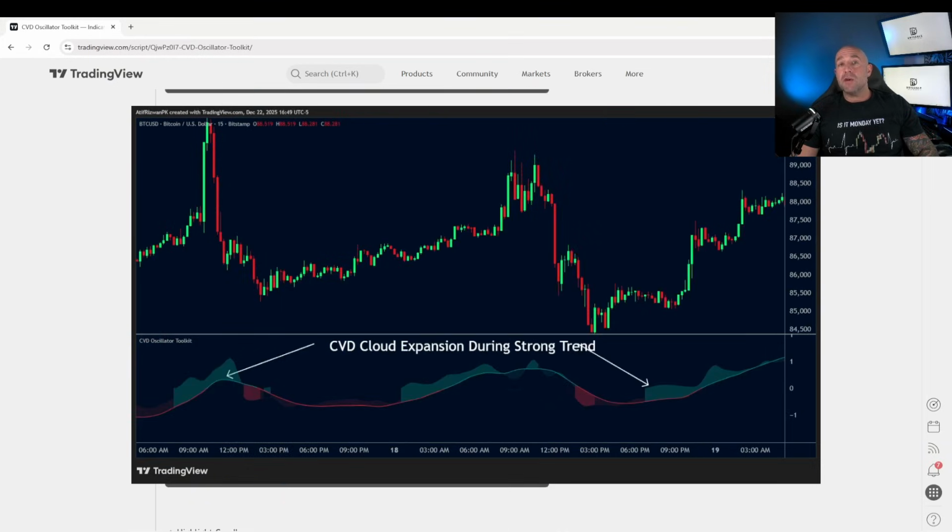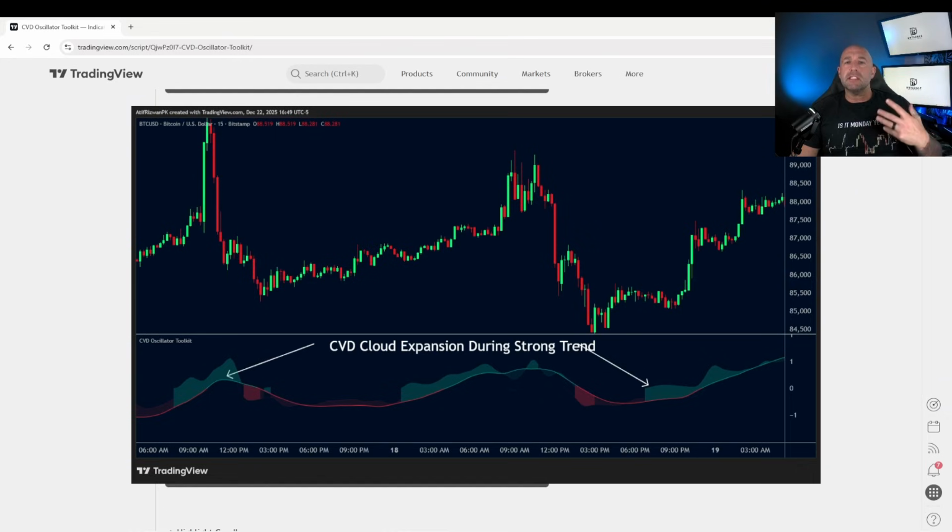The CVD clouds add a soft envelope above and below the oscillator to provide visual context around the volume behavior itself. These clouds represent upper and lower volume pressure zones derived from the oscillator, helping frame how volume pressure expands or contracts around the core signal.